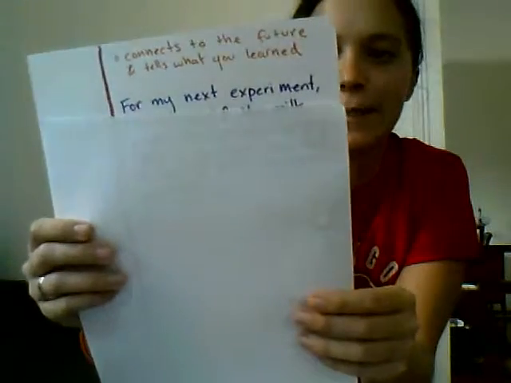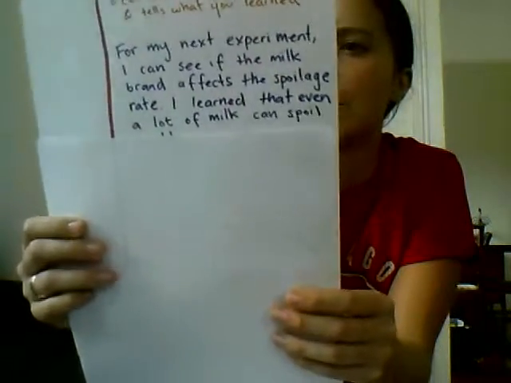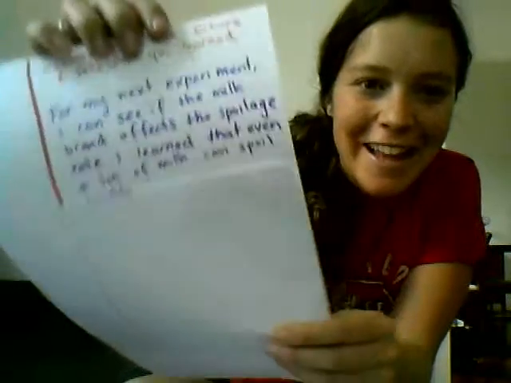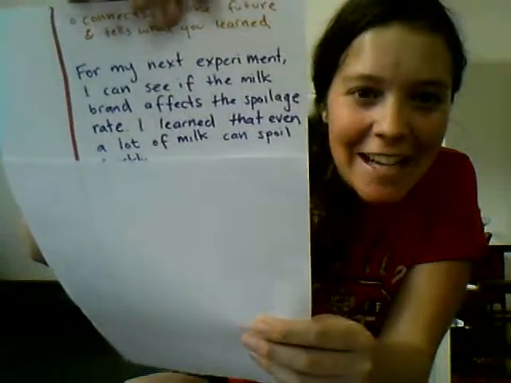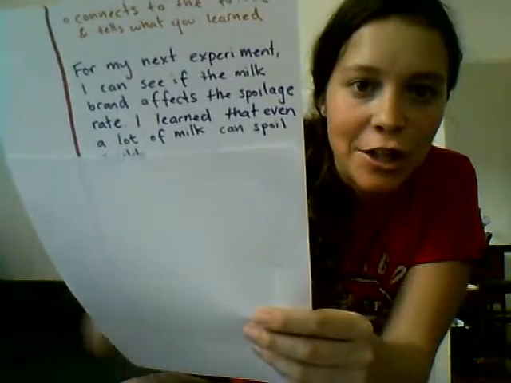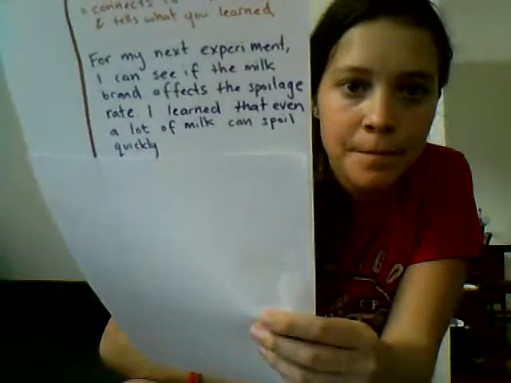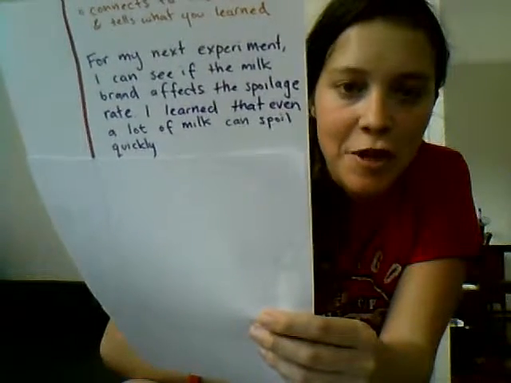That could be something I test in the future. For my next experiment, I can see if the milk brand affects the spoilage rate. I learned that even a lot of milk can spoil quickly. Feel free to pause if you need more time.